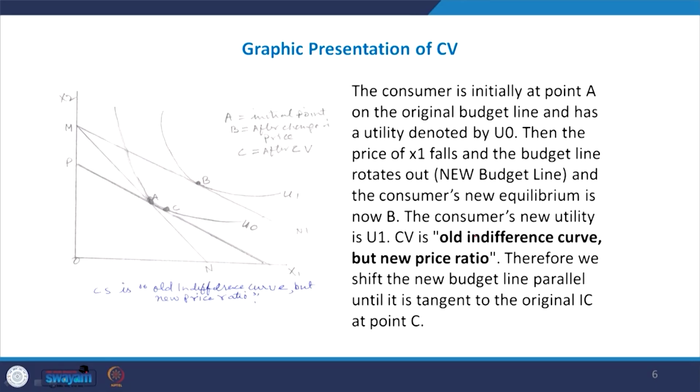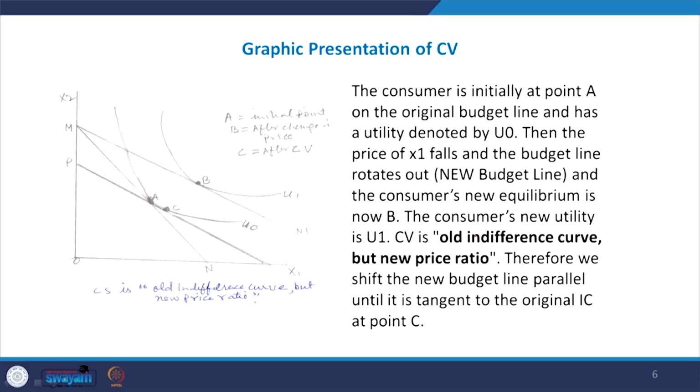So, the new price ratio is the same, and the compensatory budget line is parallel to the new budget line and is tangent at point C on the initial level of indifference curve. So, movement from A to B in this graph is due to the change in the price of the product.